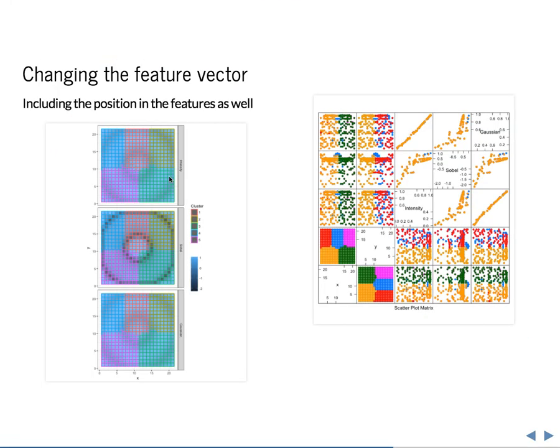So we can apply the same thing to our ring image, where we include the XY coordinates. And we see that we now end up with this division of the image. Does anyone have any idea why? I mean, it seems to be almost completely ignoring the image data.